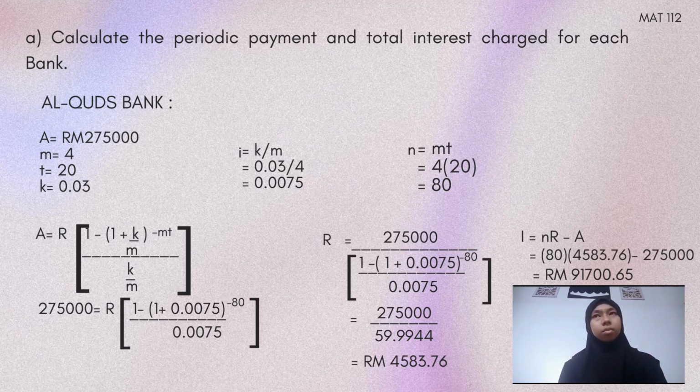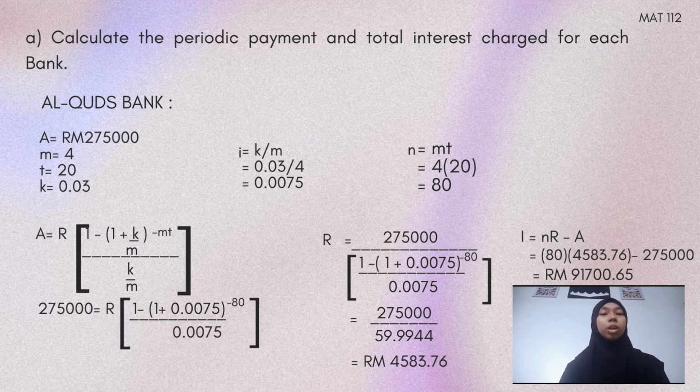So 275,000 equal to R bracket 1 minus bracket 1 plus 0.0075 power of negative 80 divided by 0.0075 bracket.